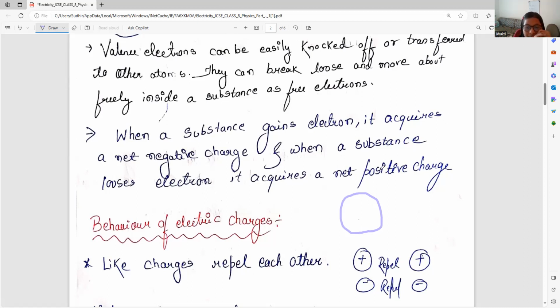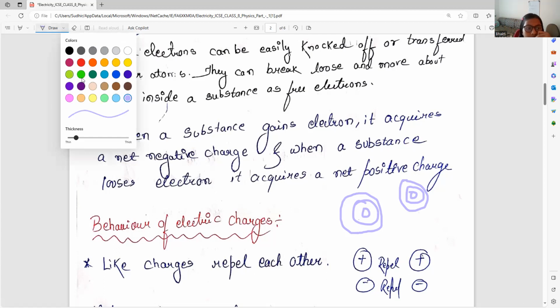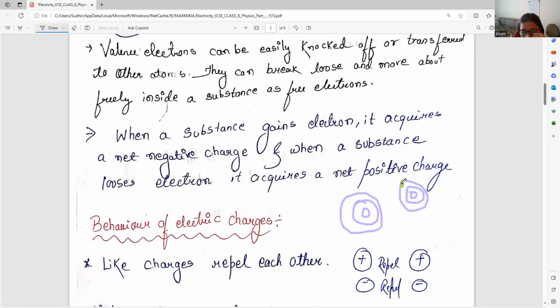So what will happen is, this is the material, this is a substance, and this is also one substance or atom, we will say. Now this atom has some electrons over here, over here, and this one will also have some electrons in it.